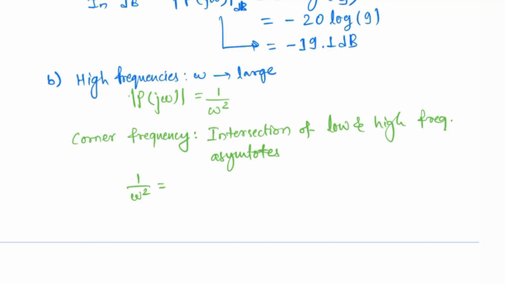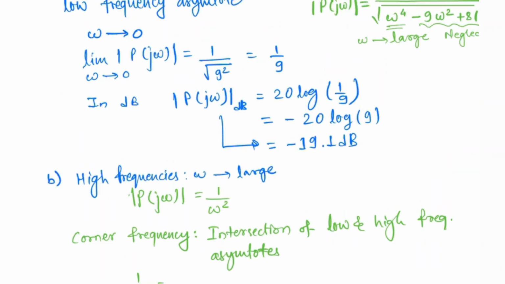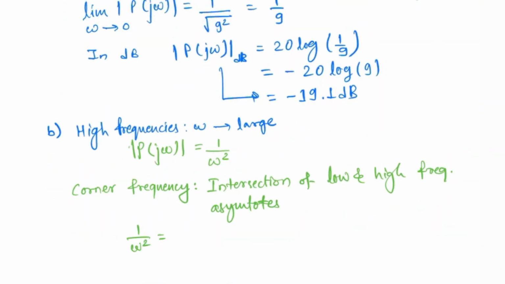So the high frequency asymptote was 1 over omega square, and the low frequency asymptote was 1 over 9. This means we have a corner frequency omega of 3 radian per second.